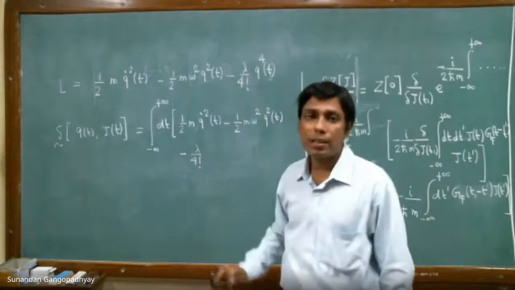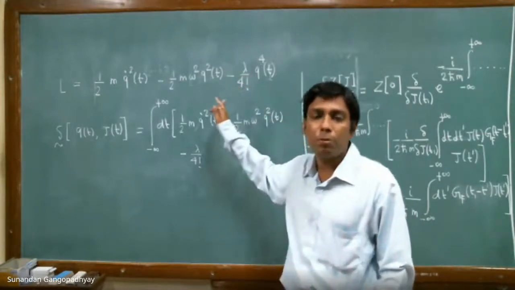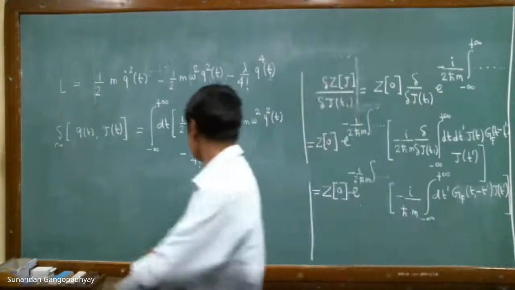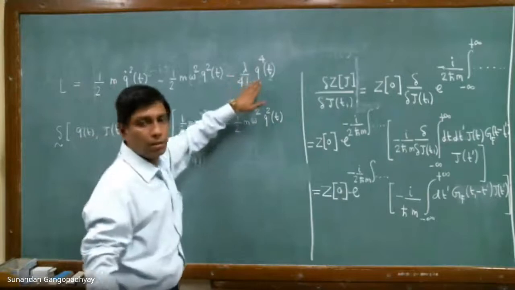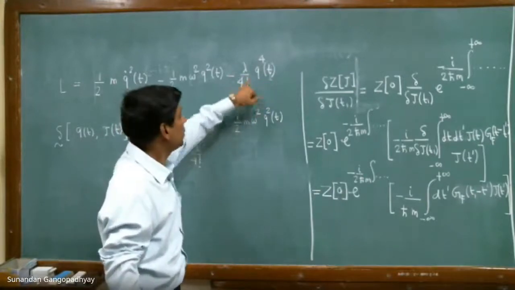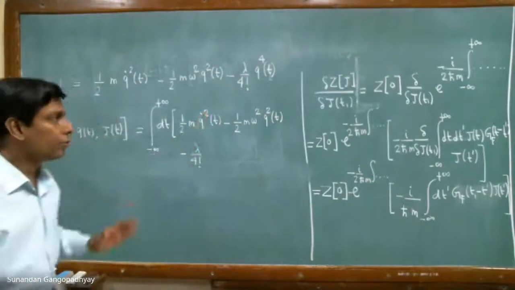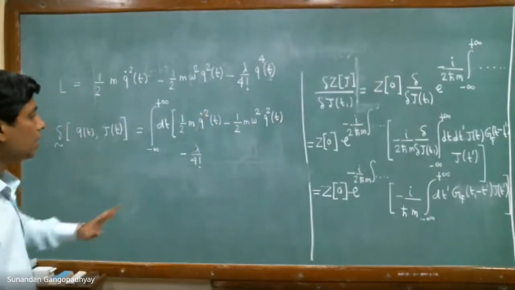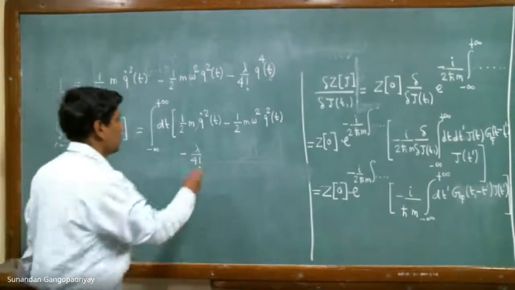You can put 4 also here, that is not a problem, but usually people put 4 factorial. There is no very deep reason for setting this factor to 4 factorial, but it is a combinatorial factor which helps in cancelling various numerical factors.